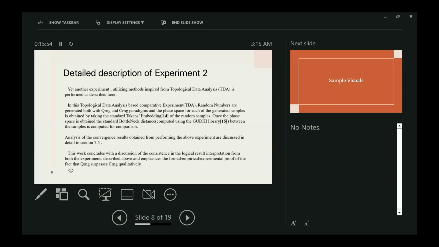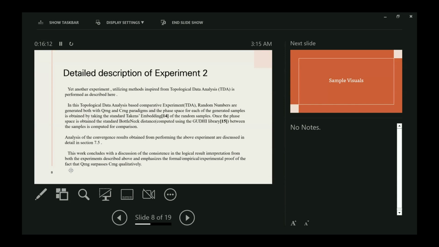And therefore, we can extrapolate and say that, yes, from the two experiments that we performed, quantum random generation is indeed better in quality than classical random generation.